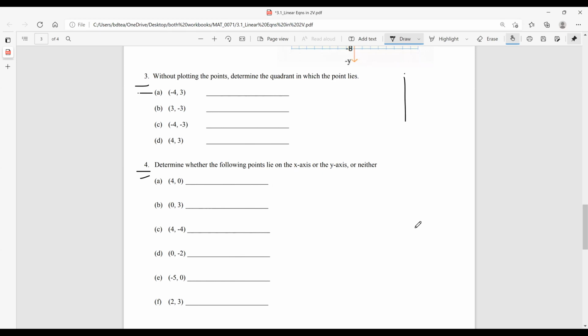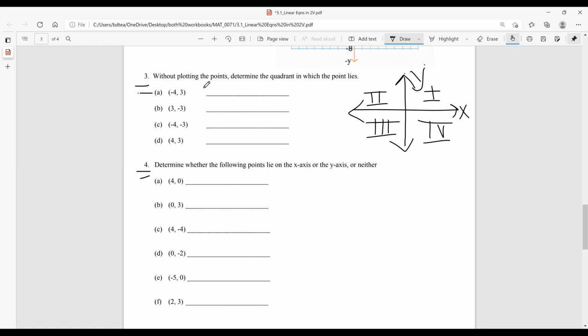I will just draw a coordinate plane over here so you can have it for reference. Again, the horizontal line is x, this is y. The quadrants, this is quadrant 1, 2, 3, and 4.